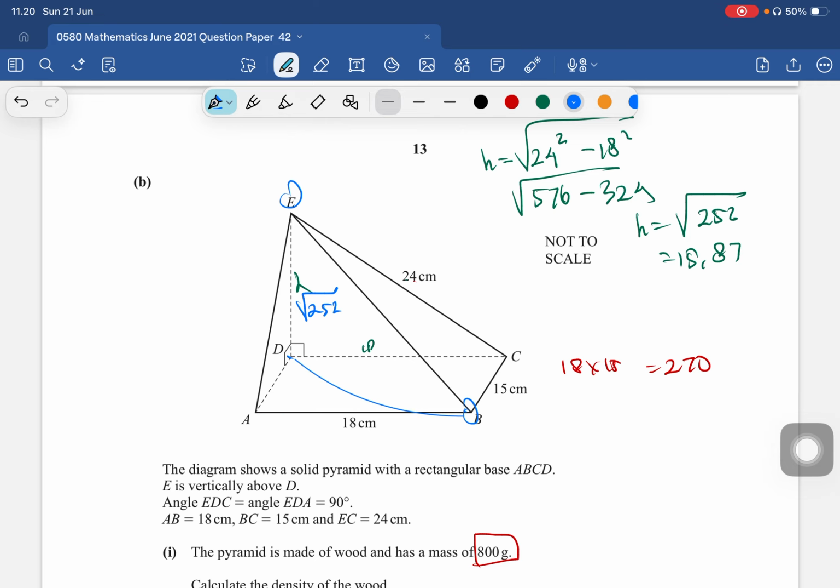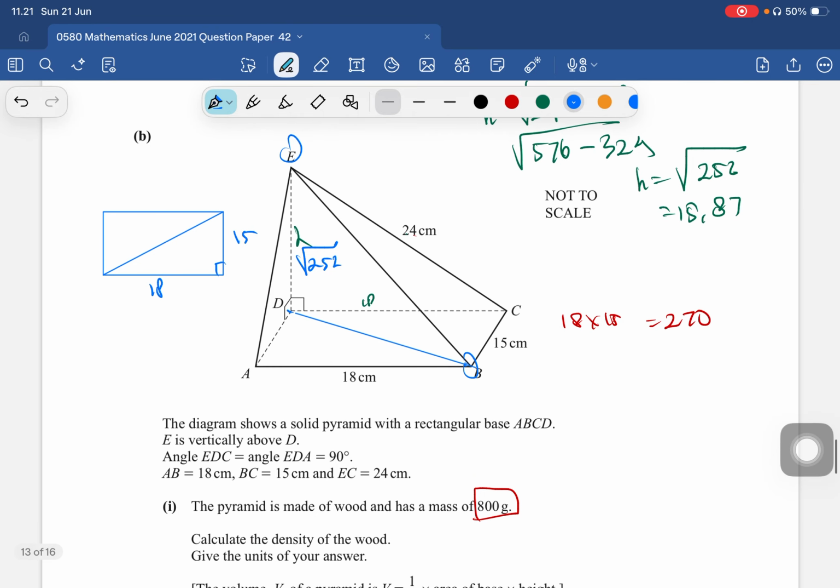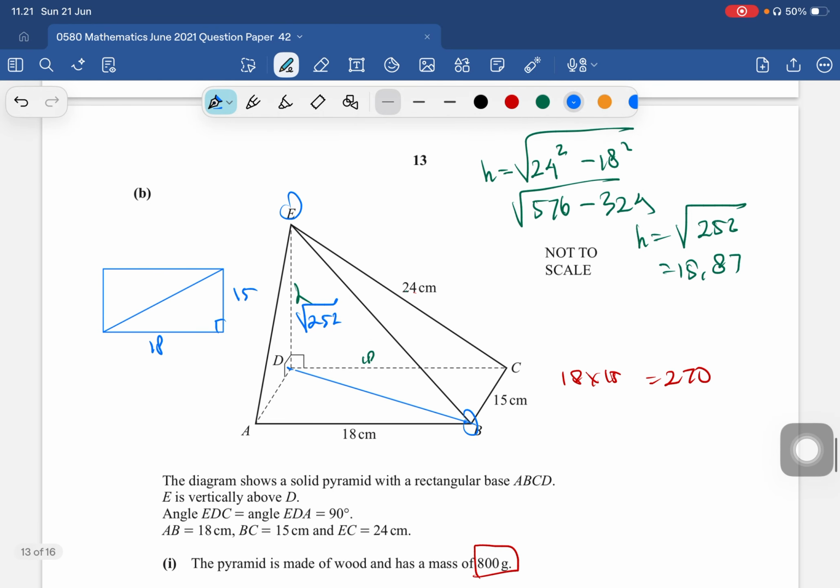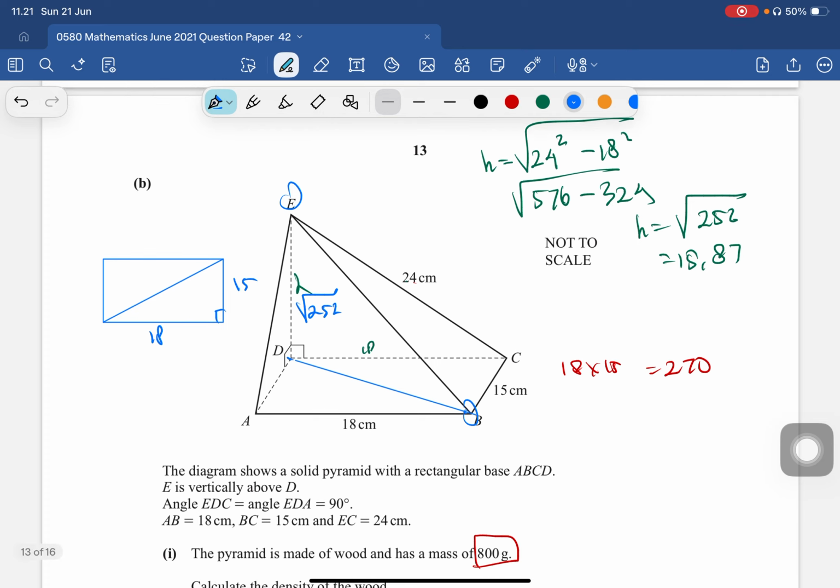So let us find the diagonal line from the right triangle. So the Pythagoras. Let's make this x equal to square root of 18 squared plus 15 squared.